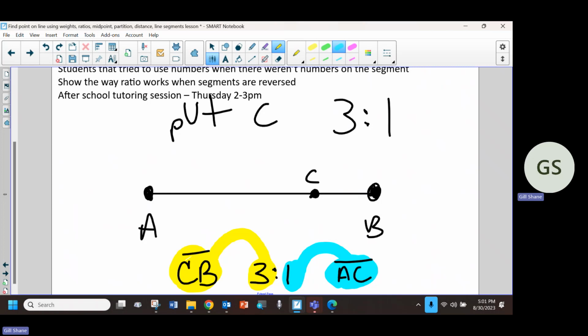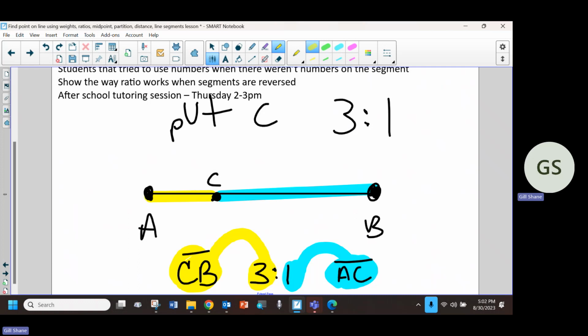So that means actually point C, because CB needs to be longer, point C would actually have to go way down here to make it something like that, probably. So now CB is 3 times longer.